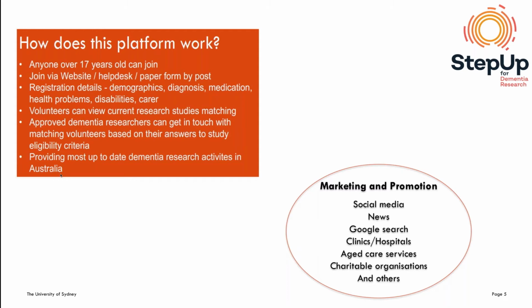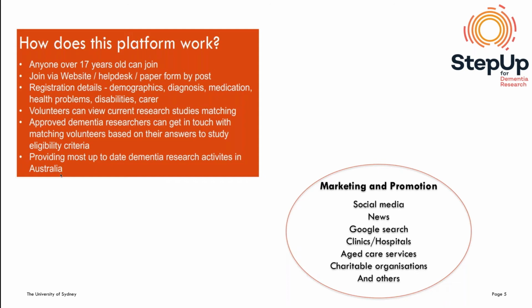And how does it work? You just create a website, but you can't just wait for people to come along. So we are using a lot of social media, and we use Google search functions, and we go to clinics and hospitals and aged care services, including both residential and community, and we also tap into charitable organizations and others.